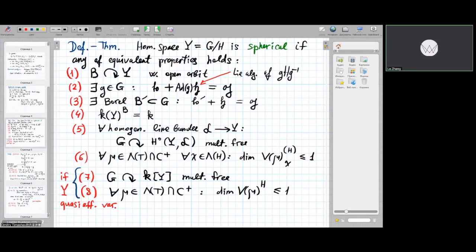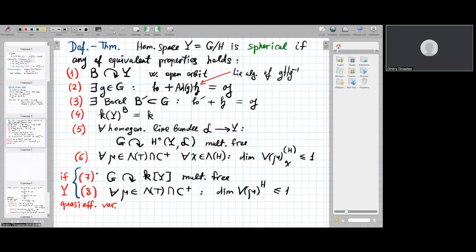Exactly. I will come to condition 6 later. We shall prove that, but a bit later. So far we proved that 4 implies 5. Then we prove that 5 implies 7 without any assumption.